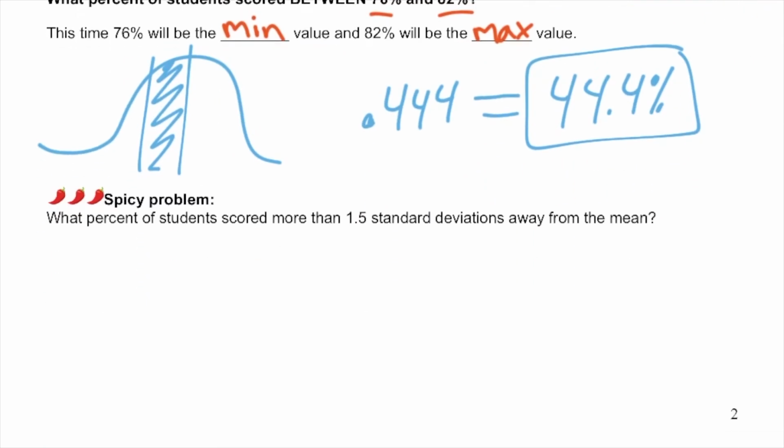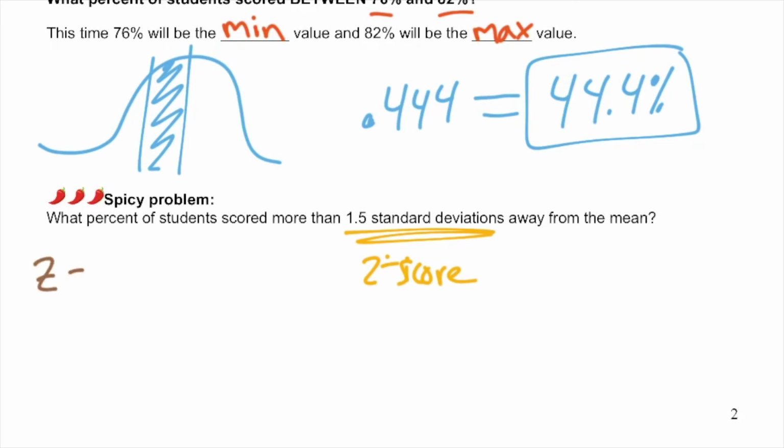All right, our last problem is a spicy problem. We have the percent of students that scored more than 1.5 standard deviations away from the mean. So now I need to figure out what is the value, the test score value, if their z-score is 1.5. So the z-score is how many standard deviations away from the mean you are.